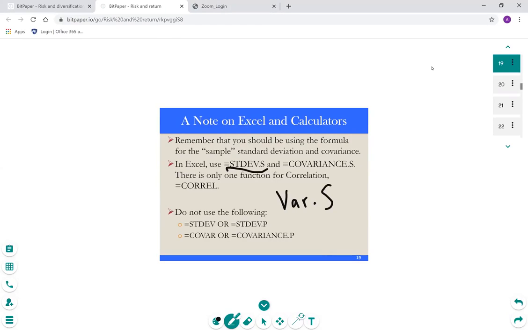Now, if you just use the standard deviation function without .s, then that will give you the population standard deviation, which actually would technically be a biased estimate. And so if you have data that you're using to estimate the variances, then use the function with .s rather than just the straight up function.